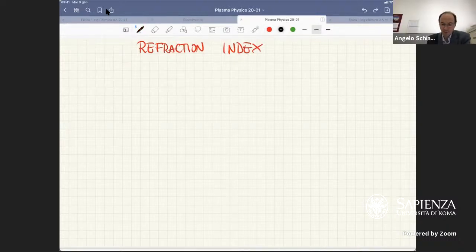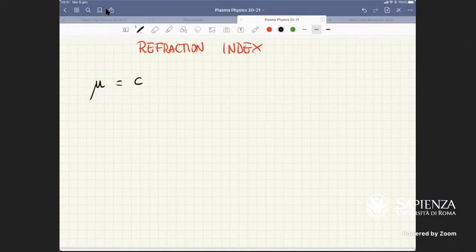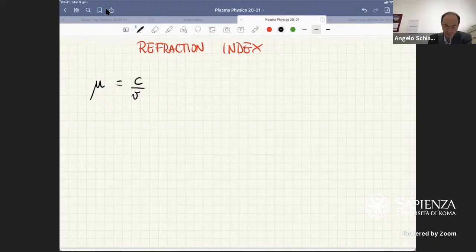Refraction index. What's the definition of the refraction index? We'll use the symbol mu instead of nu, eta, n, or whatever, so as not to confuse our notation. Mu is defined as the ratio of the speed of light, c, divided by the phase velocity, v phase.